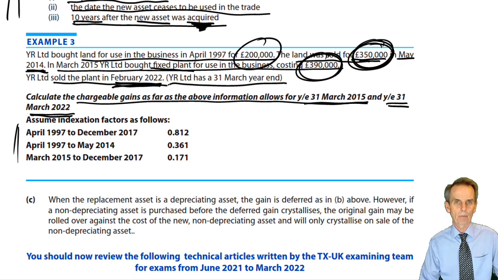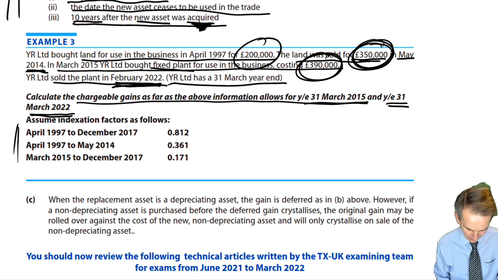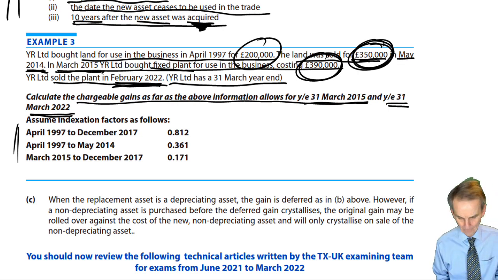We may assume that that fixed plant and machinery was still being used within the trade. So the fact that it was still being used means we hadn't ceased the business use, and therefore that has not caused the gain to crystallise. Also, we are within 10 years of the acquisition date. The acquisition date was March 15.